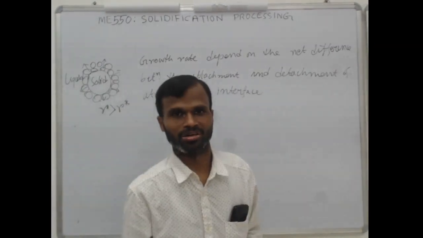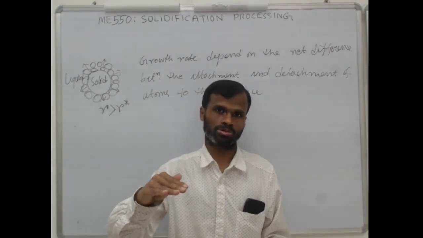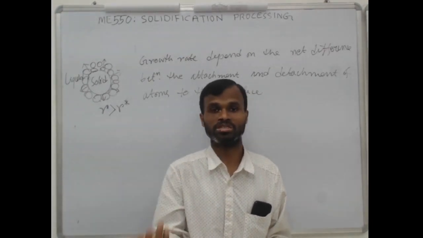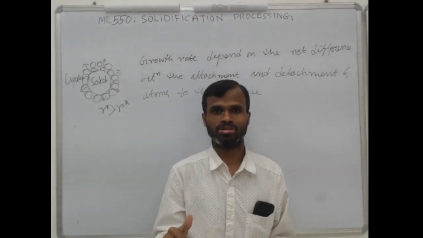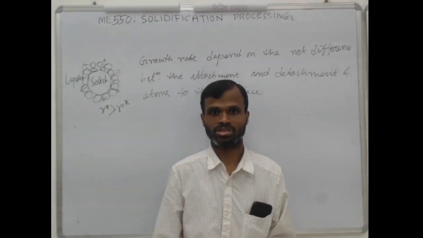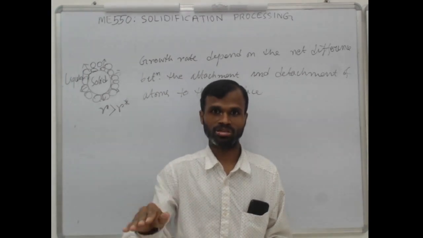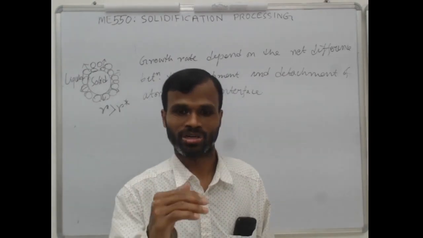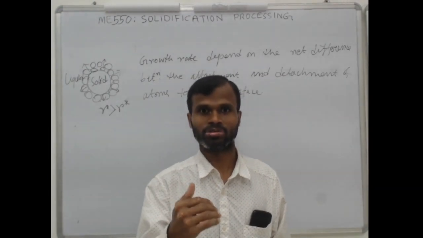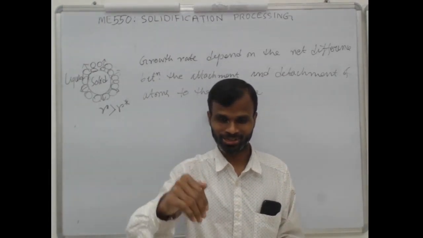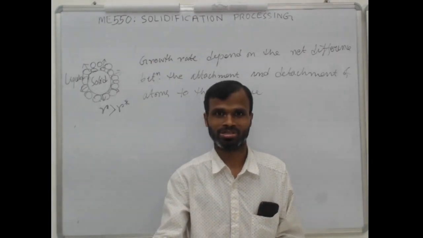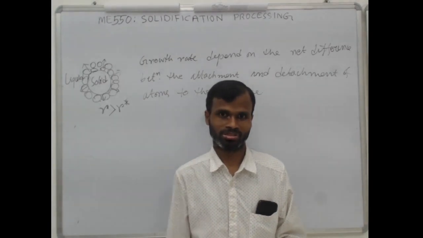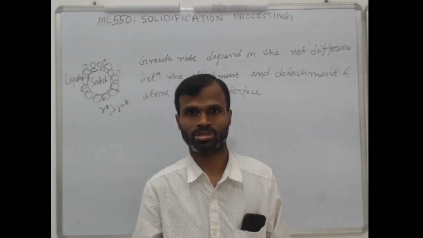Now you can imagine that when you have a faceted growth, the surface is flat. So the attachment of atoms to the surface will be very difficult compared to the non-faceted one, where the surface is atomically very rough. It is very easy for atoms to get attached to a rough surface, so you will have to provide less undercooling for solidification or for faster growth.